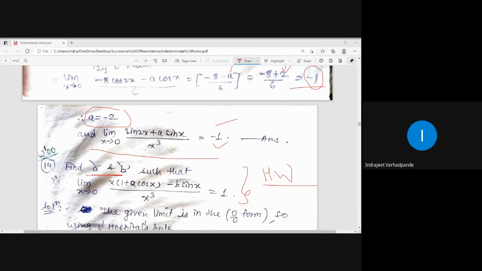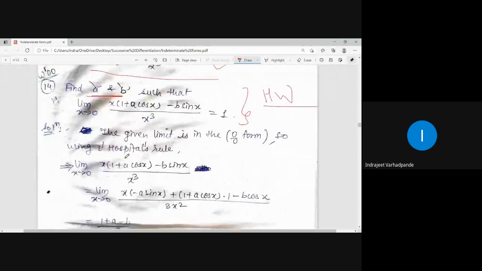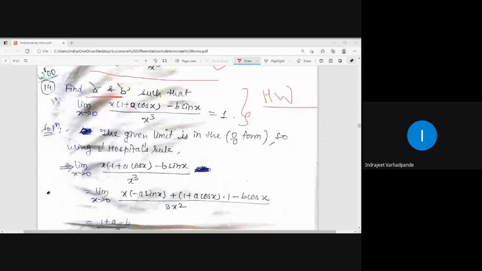Note down the question properly. Find a and b such that, this is the homework.